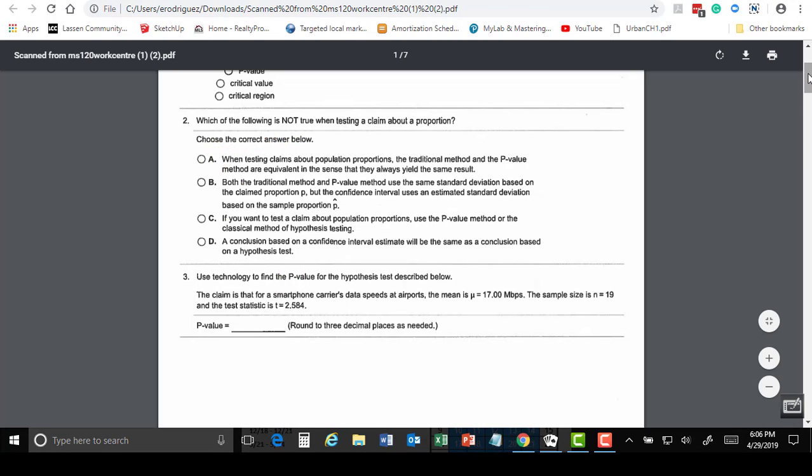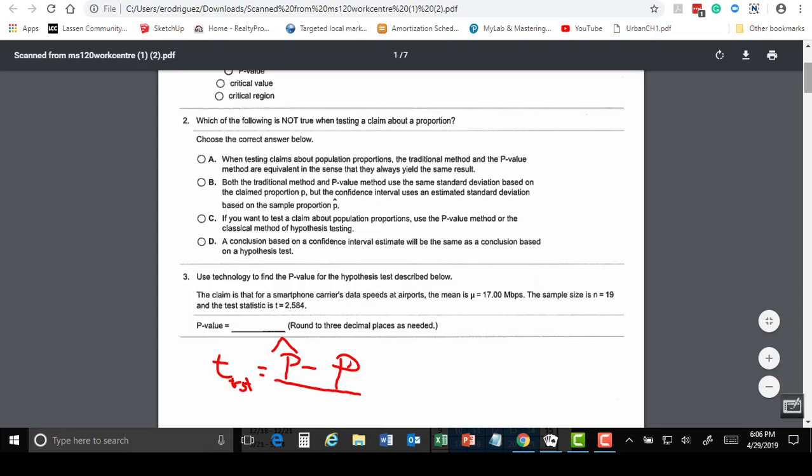So you already know what it's going to be asking us. The test statistic will be equal to p hat minus p, the true p, what we think it is. That's the null hypothesis, the forecast.